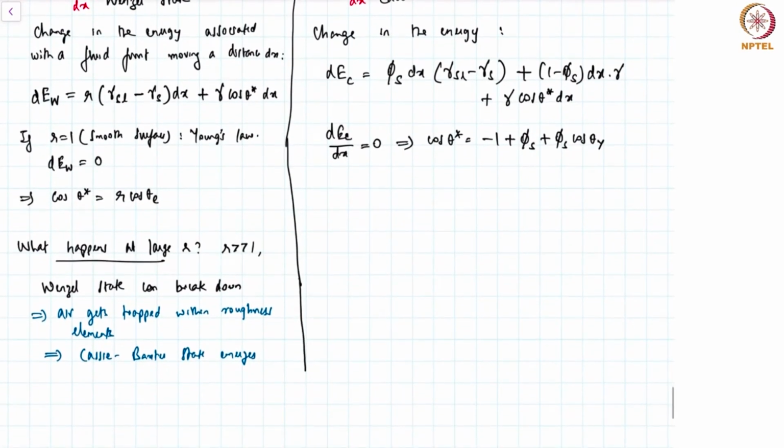Now we can actually make some special cases here. As phi s goes to 0, phi s is basically the area of the pillars. If they basically go to 0, then cosine of theta star goes to minus 1, and this means that theta star goes to pi.